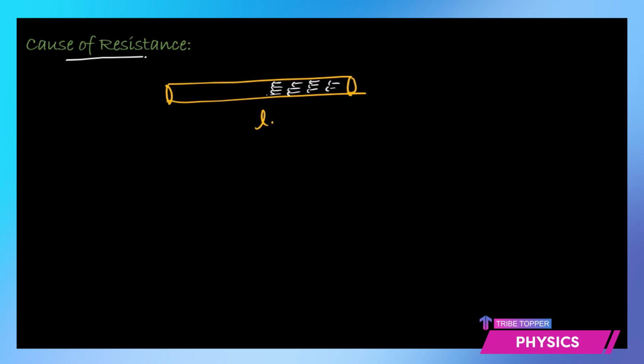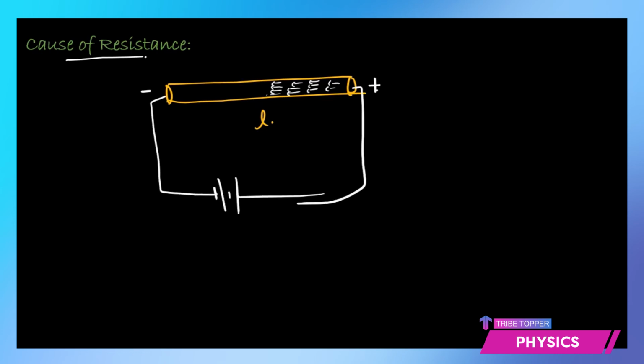When they collide, they stop. But due to the potential difference that has been applied, they will keep on moving. So here we would have a negative side and a positive side. The negative side is repelling the electrons and the positive side is attracting these electrons.